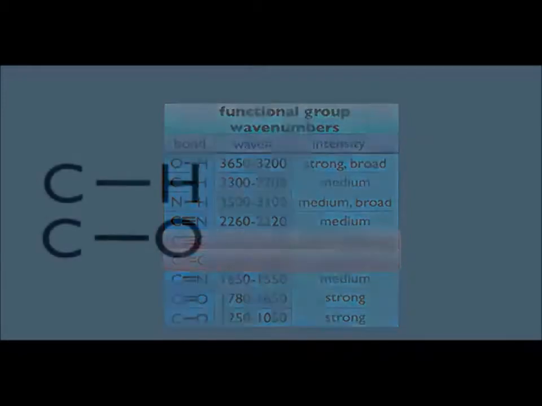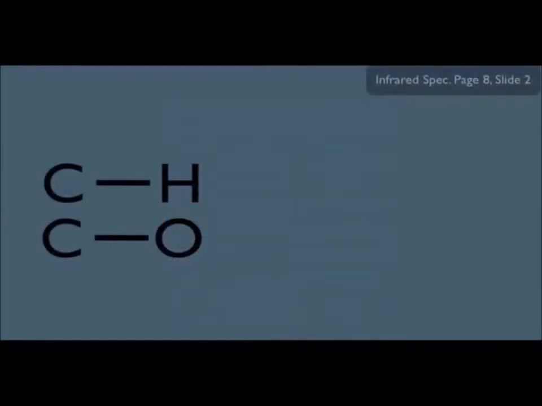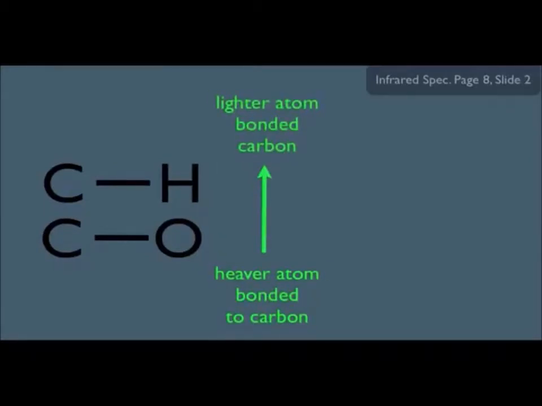Now, let's look at this example right here. Could we predict the relative wave numbers for a CO bond compared to a CH bond? Well, in the CO bond, we can say the carbon is bonded to oxygen, which is a heavier atom than hydrogen. So the CH bond has a lighter atom bonded to carbon. Remember, we saw in Hooke's law that mass is inversely proportional to wave number.